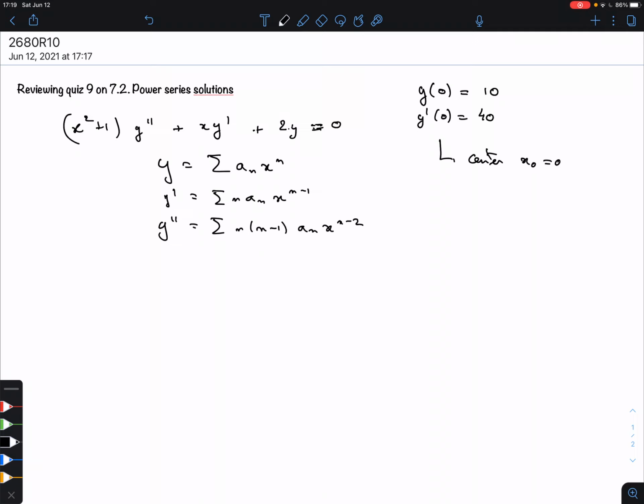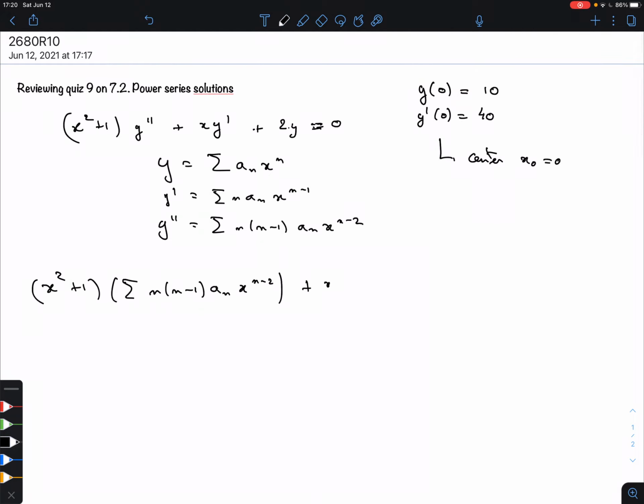We plug this in, we get x squared plus 1 times summation n n minus 1 an x to the power n minus 2 plus x times summation n an x to the n minus 1 plus 2 times summation an x to the n equals 0. Because we plug it in and we're always looking at homogeneous ones here. And the only thing we have to do is expand the first one.